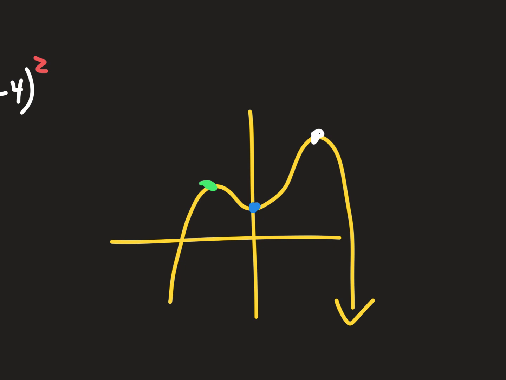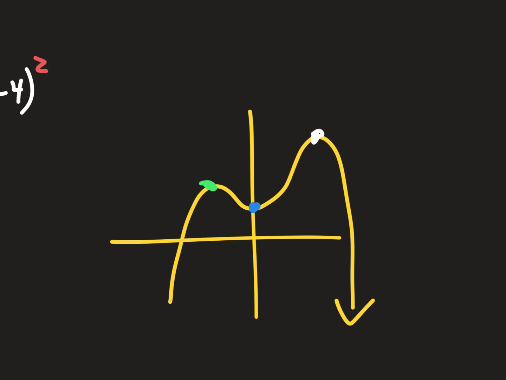Which one is the maximum? The white one. The green one is not a maximum, but it kind of is a maximum. So what do you call it? Relative maximum. Good. The blue spot, what's the name for that one? Relative minimum.